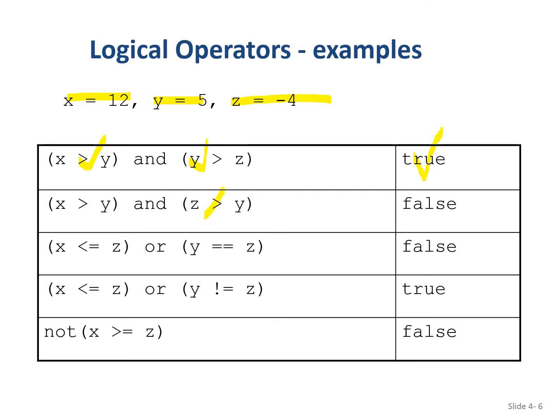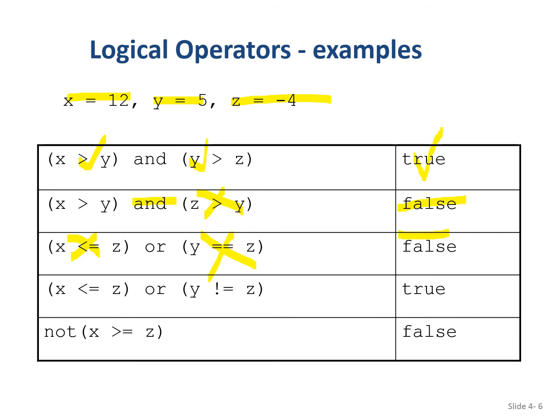This is false, and this is and, so it is false, because for and both must be correct. x is less than or equal to z is false, or y is equal to z is false. Both are false, so it is false because neither one is true.